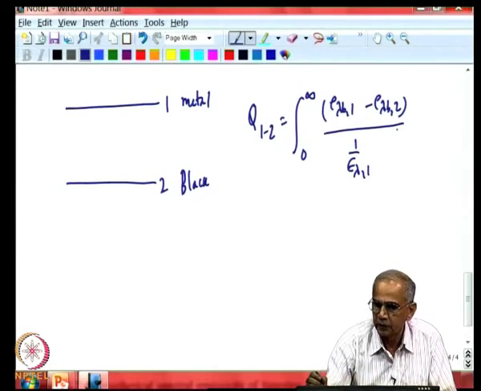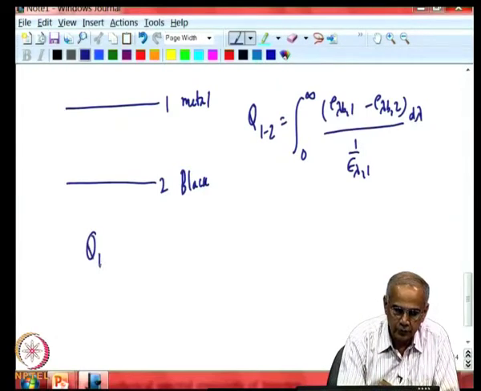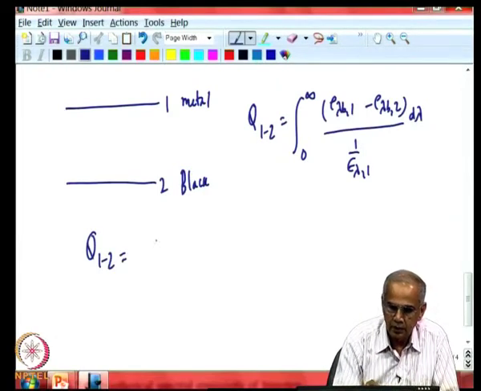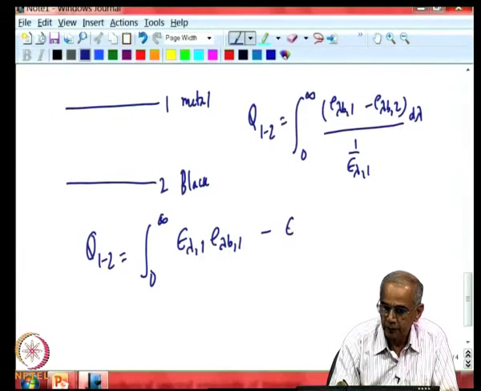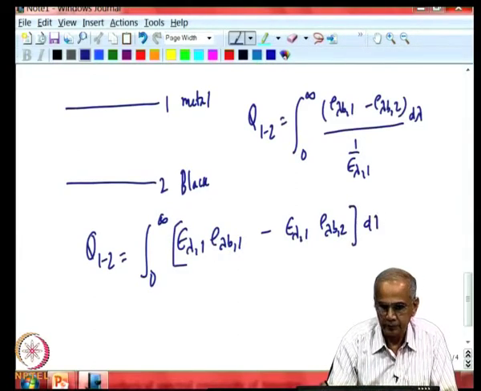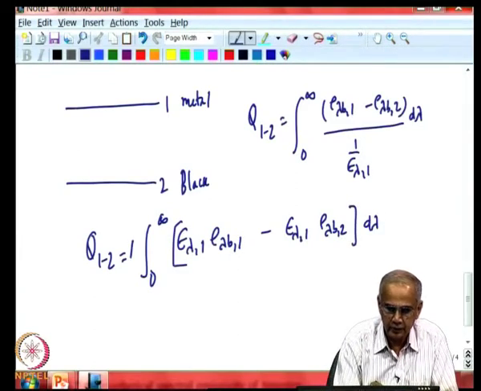That cancels everything out, and you have d lambda here. So, this can be written as q 1 2 as integral from 0 to infinity of epsilon lambda 1 E lambda b 1 minus epsilon lambda 1 E lambda b 2 into d lambda, because the area is still there, which we cannot forget.